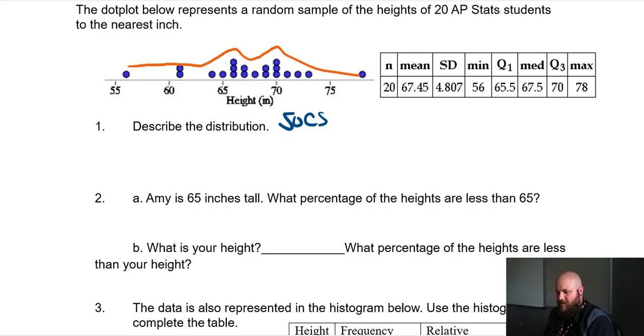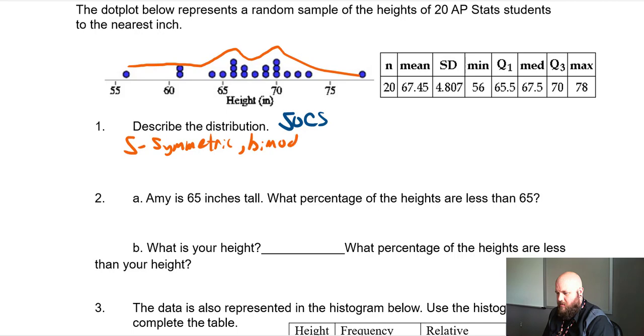So for S, it's going to be symmetric and bimodal, meaning there are two peaks in there, right? Okay.